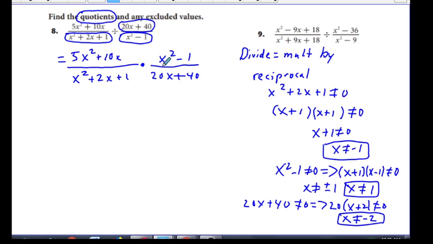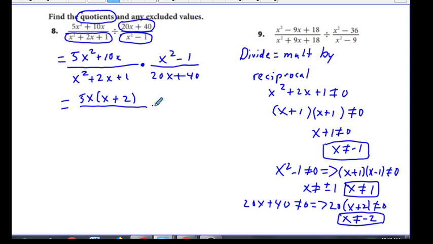Okay, so now we have our excluded values, and now we're going to go about rewriting this in factored form. So now we have our numerator, 5x squared plus 10x. Our common factor here looks to be 5x, so 5x times x plus 2.